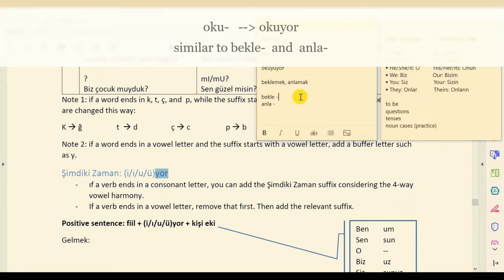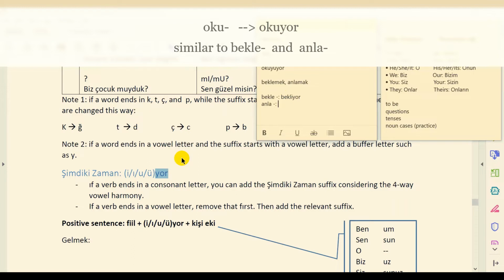First, beklemek: bek, remove this letter, now add the suffix, and see that you are adding this suffix considering the four-way vowel harmony. Here the last vowel is this, so when it is the last vowel, you are adding this one. Bekliyor.